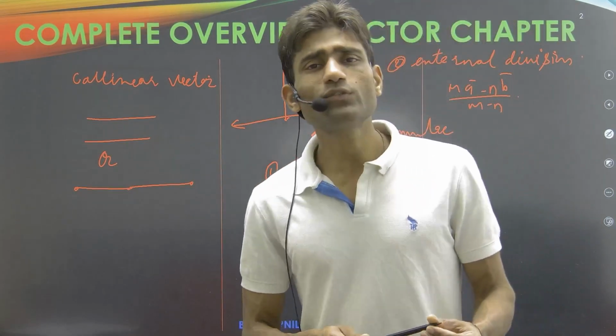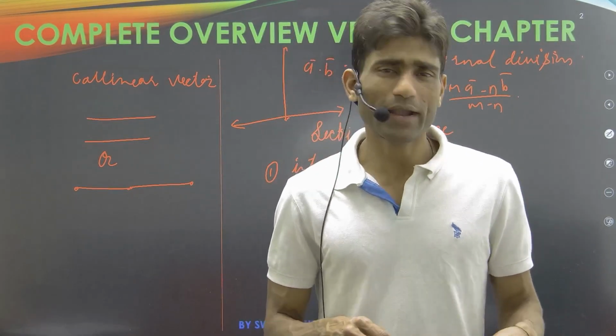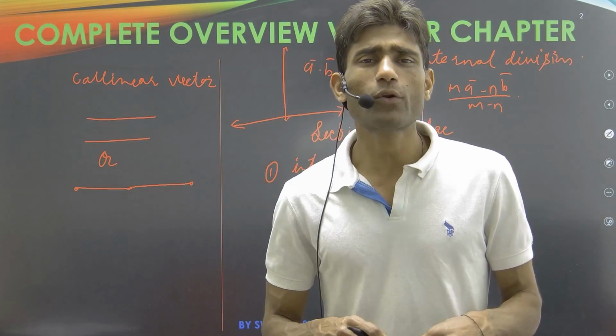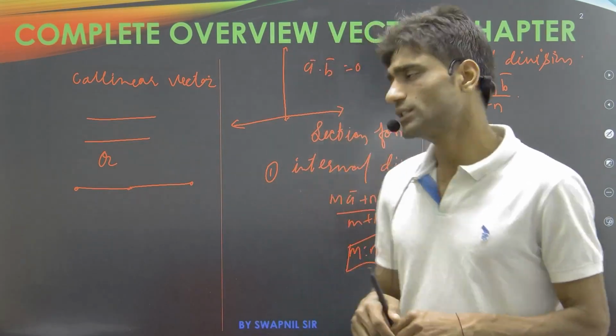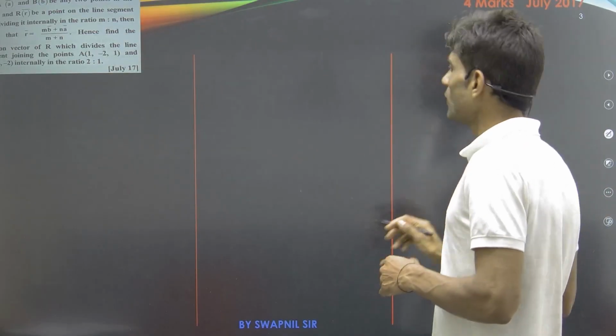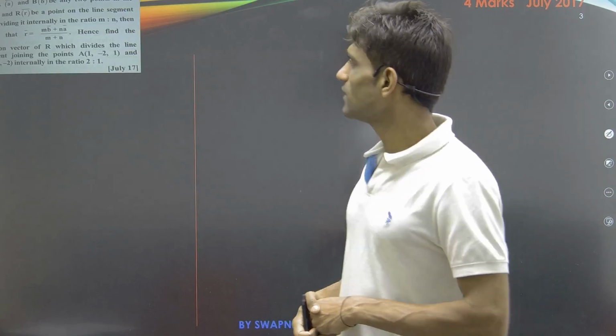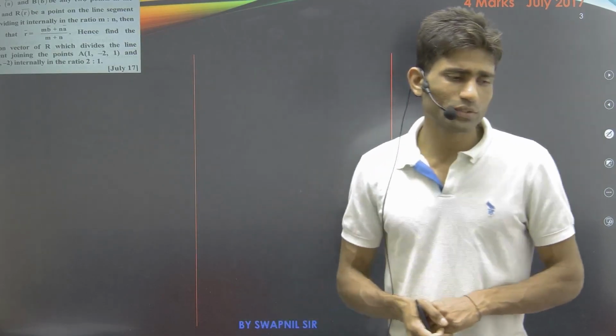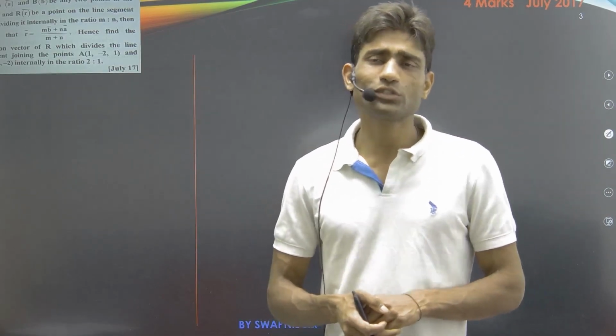Let's move on to some examples and some standard proofs which are very important for the board exam. I have taken this question from a previous year board question paper.